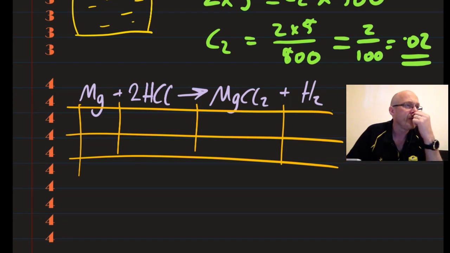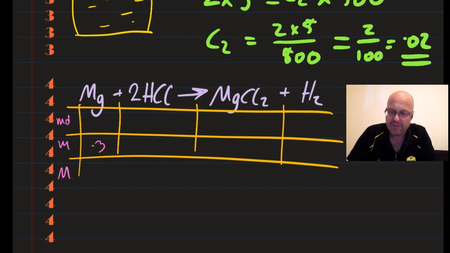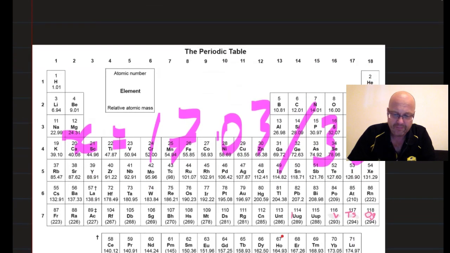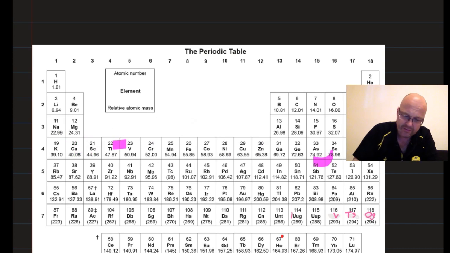So 0.3 grams of magnesium. Let's say this is moles, mass, and molar mass. 0.3, the molar mass of magnesium is going to be 24.